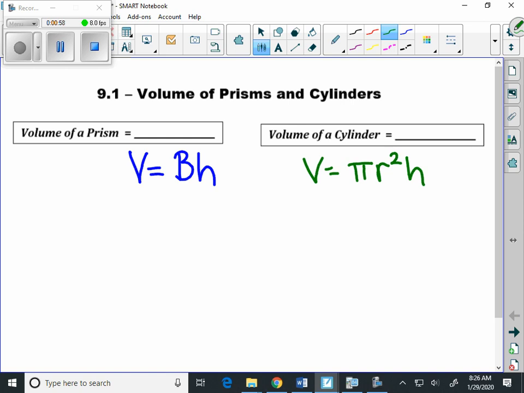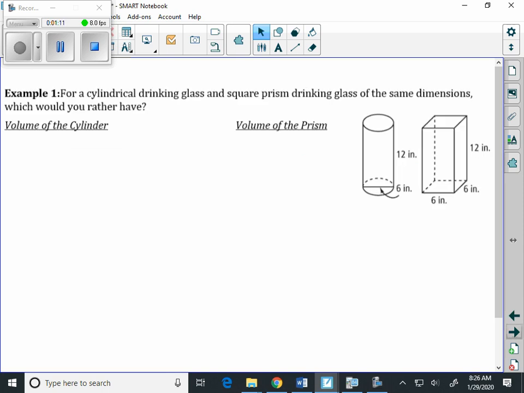And the reason that it's not quite so generic is, what does a cylinder look like? If we flip down to our first example, this one is the cylinder.